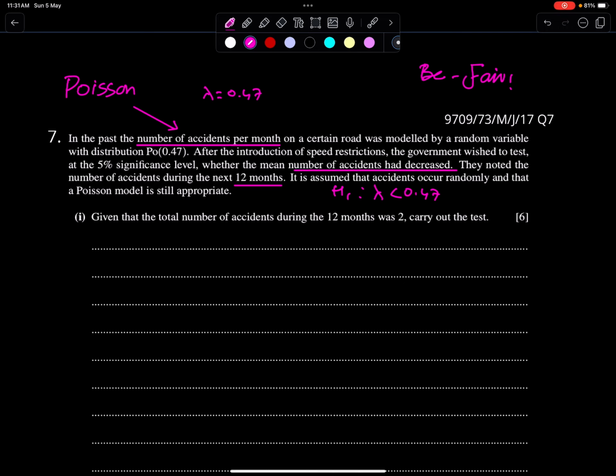Now, lambda for 1 month is 0.47, and for 12 months it should be 5.64.